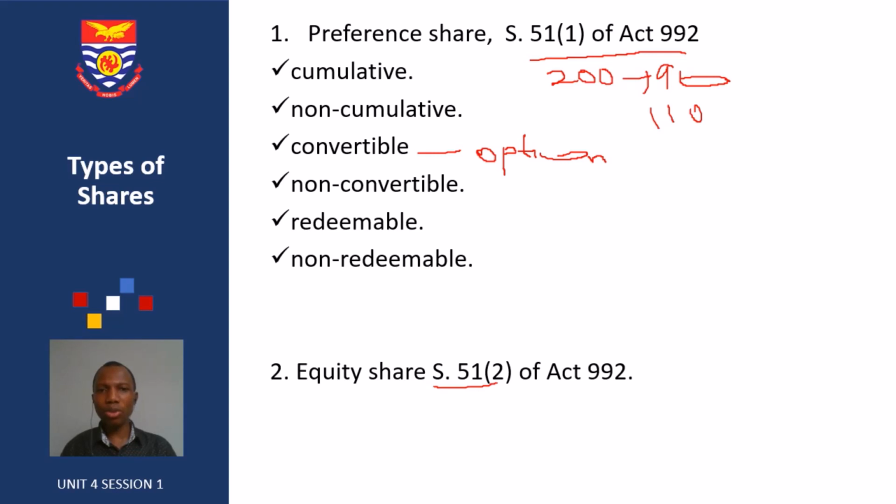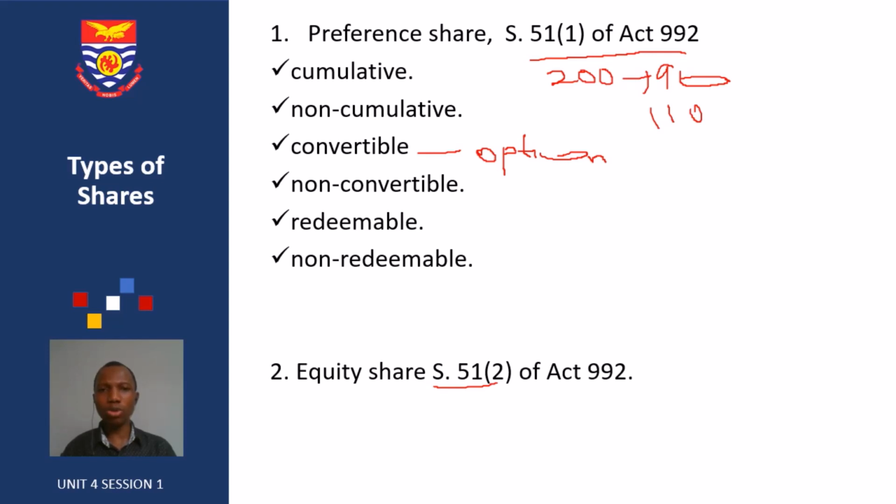We also have non-convertible. With non-convertible, there is no option for the holder of the share to convert it into equity shares. We also have redeemable preference shares. With redeemable preference shares, the law allows the company which issued the shares to purchase or buy back those shares from the shareholder.